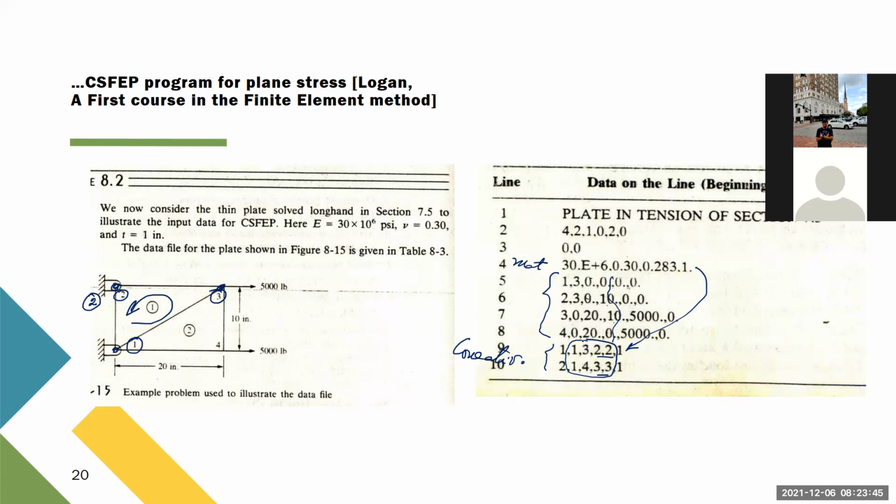That's why we repeat here 1, 3, 2, and 2. Okay? And the last one means that the material properties for this element is material number 1. So in this case, we have only one material, we have only one line. So for this element and for that element, he's going to consider this is material number 1.